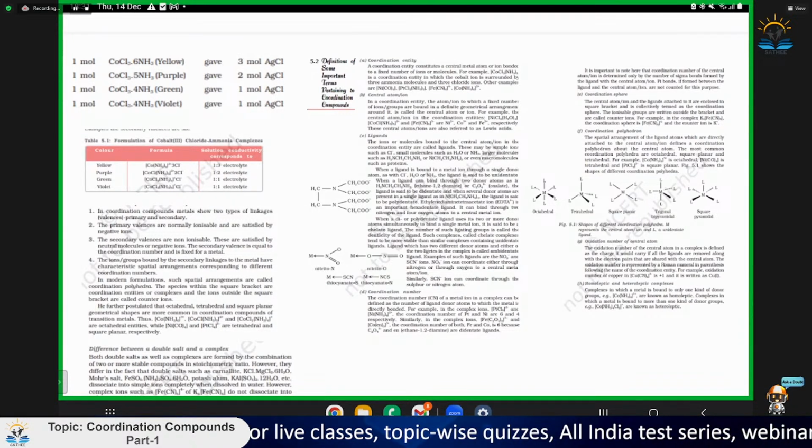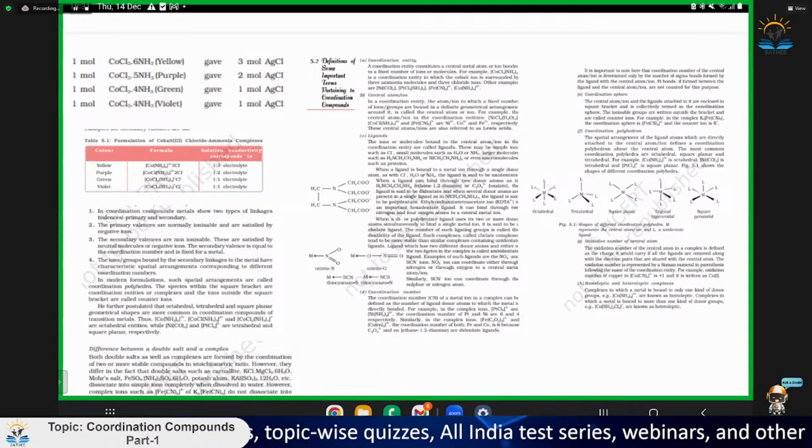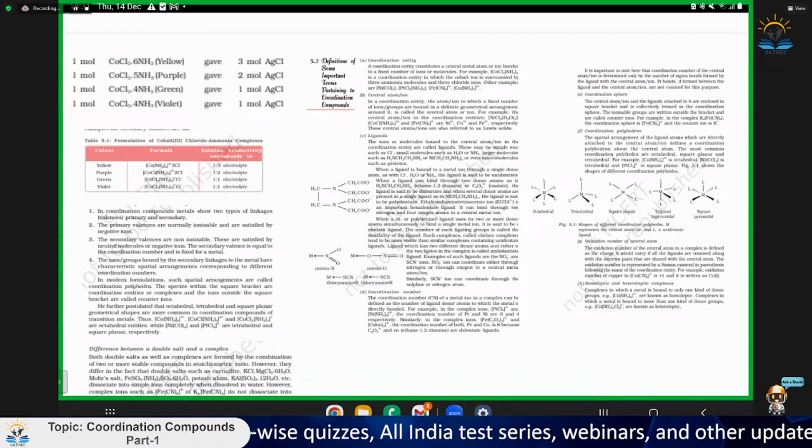He then added silver to each of the 4 beakers.